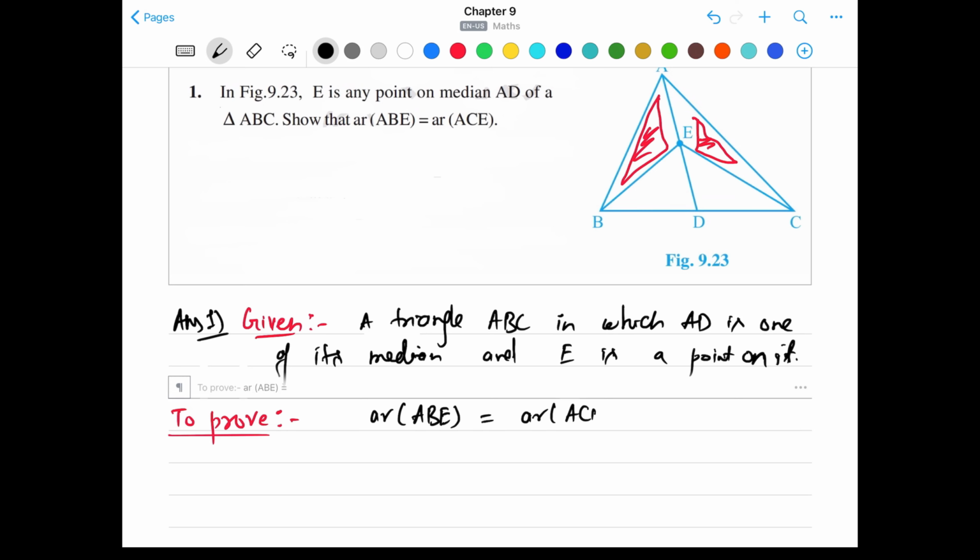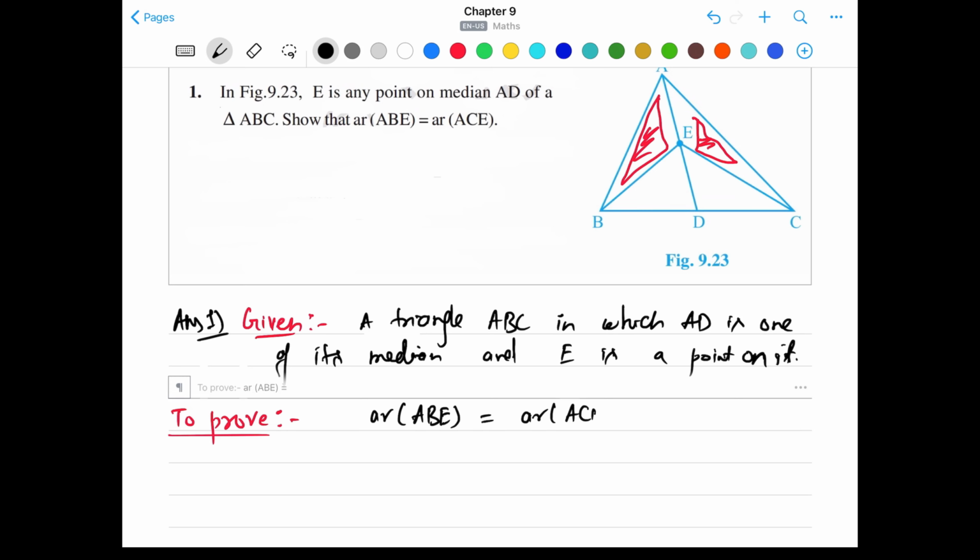On the other side we have area of triangle ADC, and we are subtracting the area of triangle EDC. So after subtracting this triangle from this complete triangle ABD, you will get area of triangle ABE. Okay, so here we'll get area of triangle ABE, and that will be equal to, when you subtract this EDC from ADC, we get the area of triangle ACE, and this is what we are asked to prove.